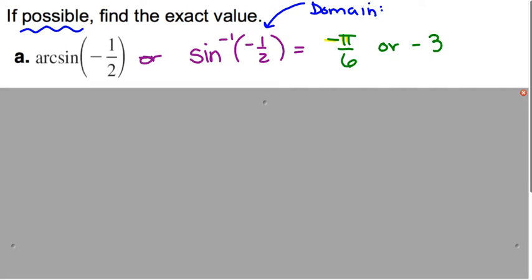Or -30 degrees. Each of those answers is fine. What I want you to do on your assignments is to tell me the exact value in radian measure. You can check your solutions if you want to with your calculators. I would recommend that you check it in degree mode.